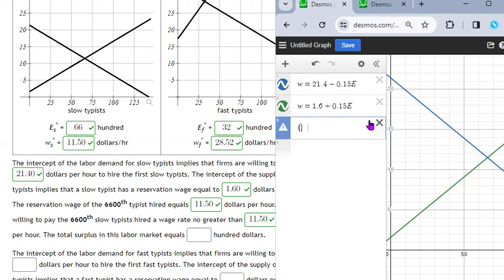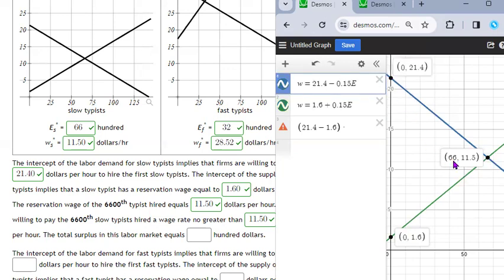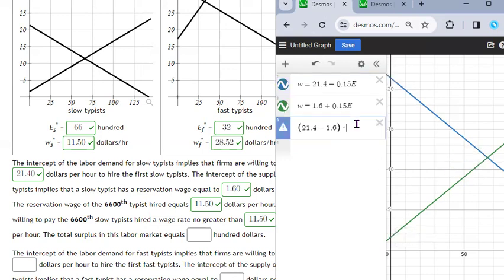We have one intercept at 21.4 minus the other intercept at 1.6. We're going to multiply that by the difference in 66 and 0, or just 66.